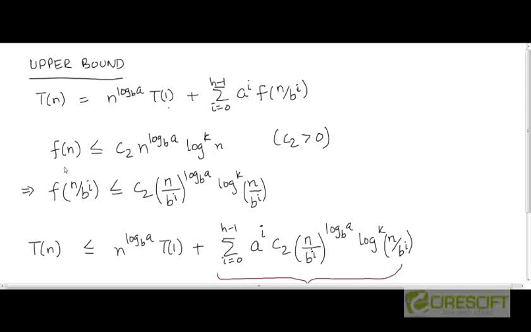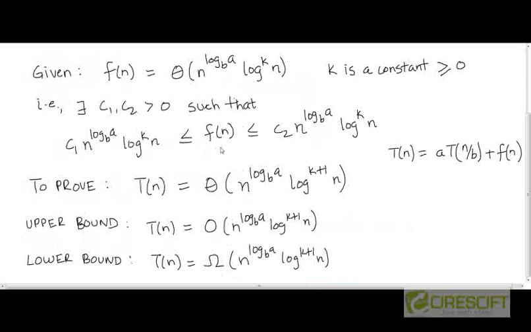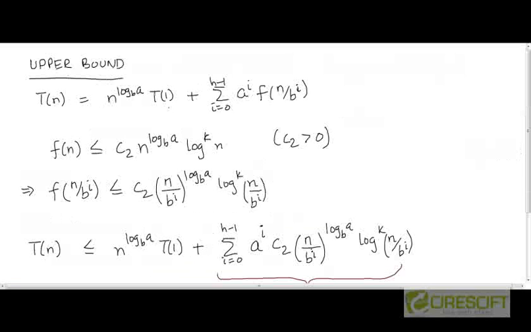Now what we are given is that f of n is sandwiched between two constant multiples of this function. So we are going to focus only on the second inequality among the two, because that's what is going to help us prove the upper bound.